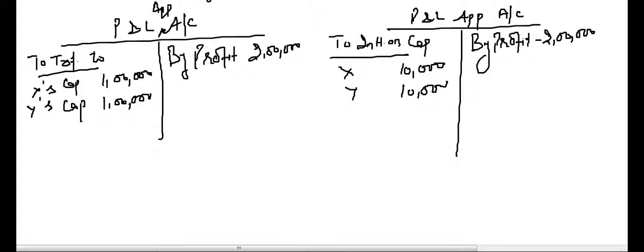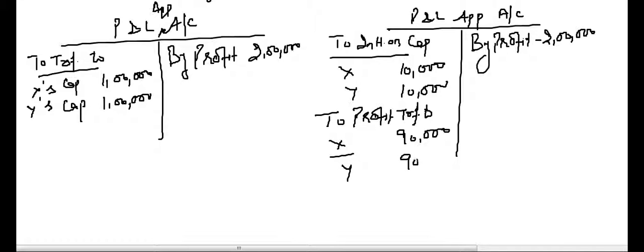Total 20,000 interest on capital, and the remaining profit is 1,80,000 to be divided equally 90 each. To profit transfer to X 90,000, Y 90,000. Clear? What they did was they omitted the interest on capital. Whatever profit is transferred from profit and loss appropriation account, they directly distributed among partners equally.